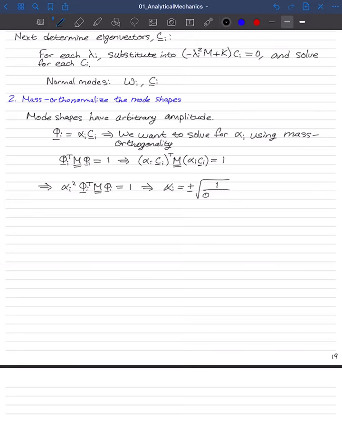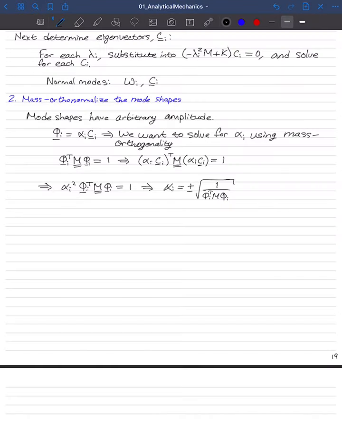And in this case, we can choose either positive or negative. Generally, we'll just go with the positive. It doesn't make a difference for any of the math here.